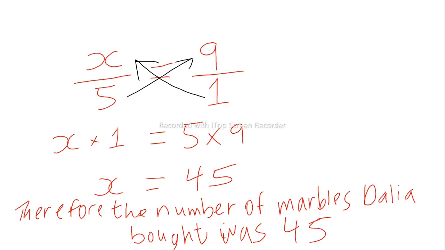Yes, ma'am. Like how you have x times 1 and equal and all of that, I just put 45 below and then just put x equal to 45. Say it again. Like how you have x times 1 and then equals 5 times 9, when I cross multiply, I just put equal to 45 over 1 and then I put x equals 45. Let me see. Send it in.